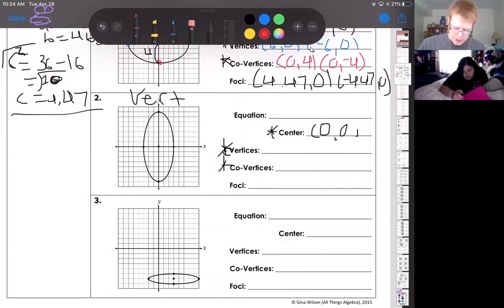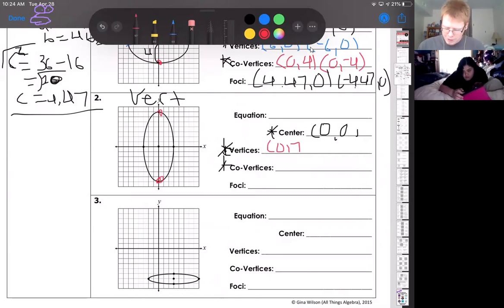Your vertices, since it's a vertical ellipse, would be these points, because that's on your major axis. So if you look at those, it's 0, 7. My stylus is breaking. Okay, I think I fixed it.